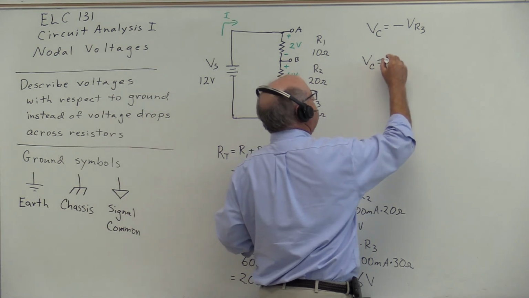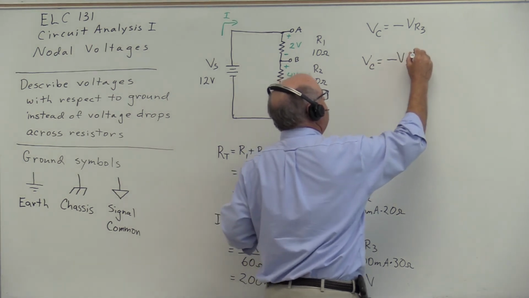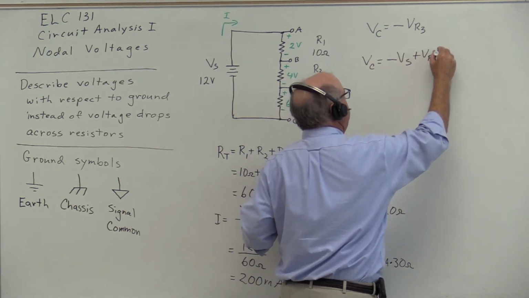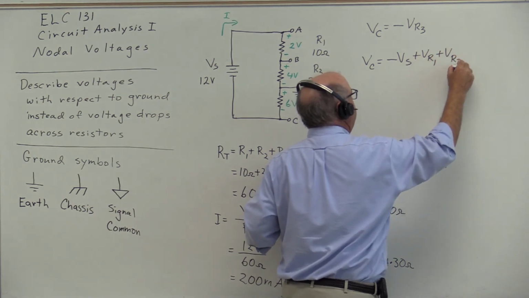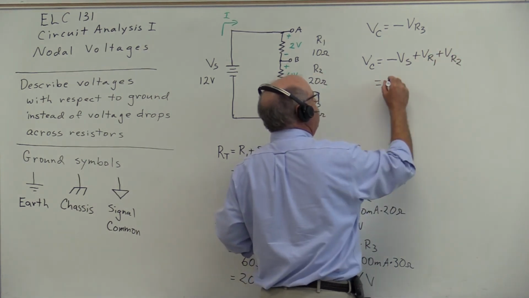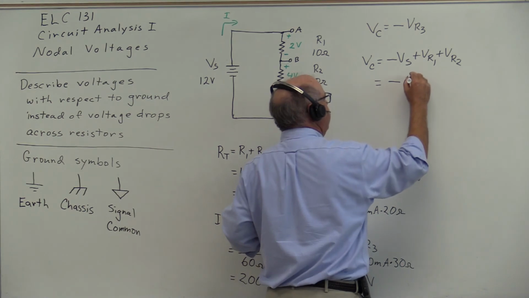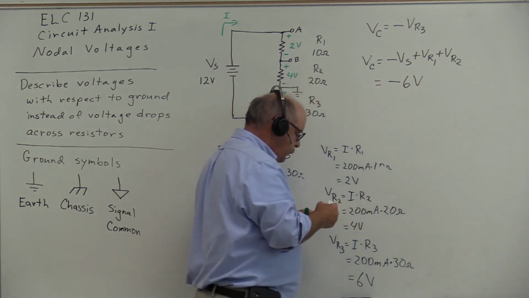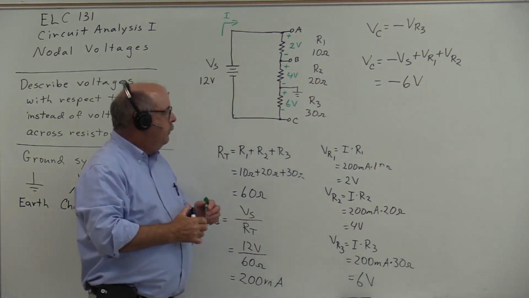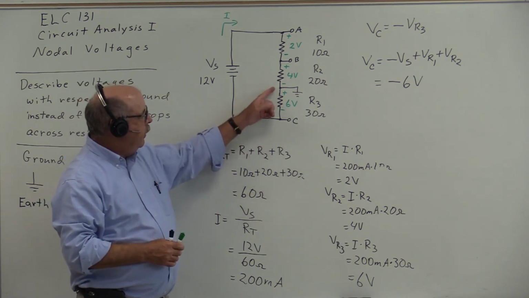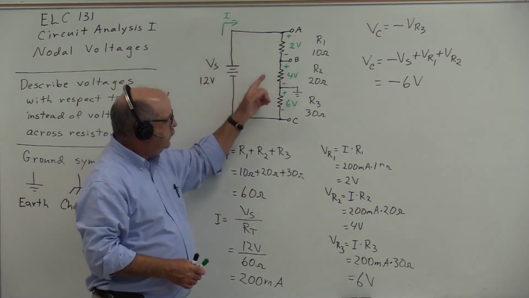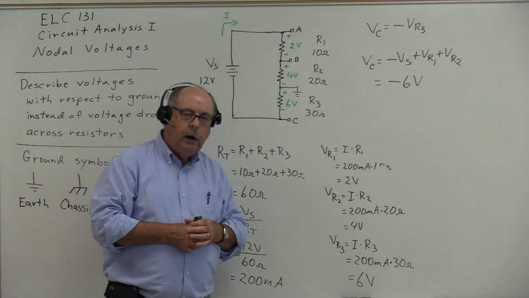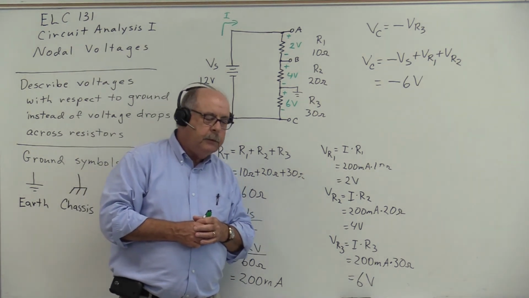VC equals negative Vs plus VR1 plus VR2, which also gives us negative 6 volts. Doesn't matter how I get from C to ground, the voltage difference is always negative 6 volts.